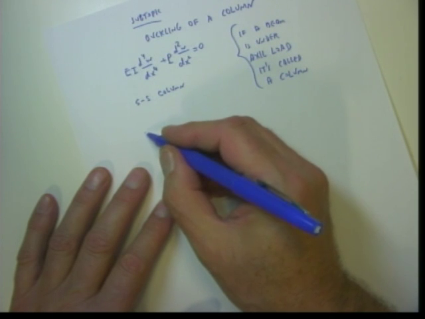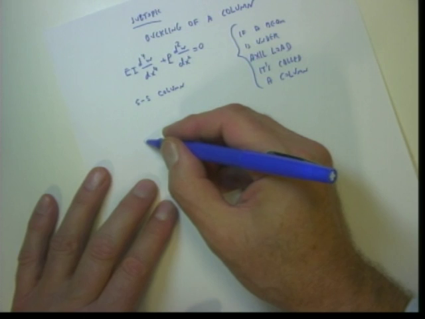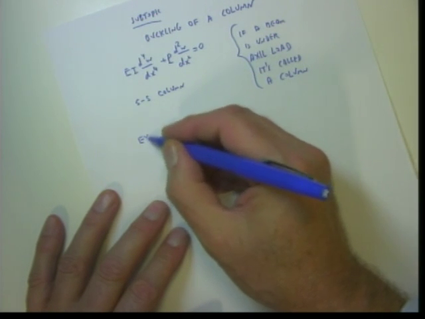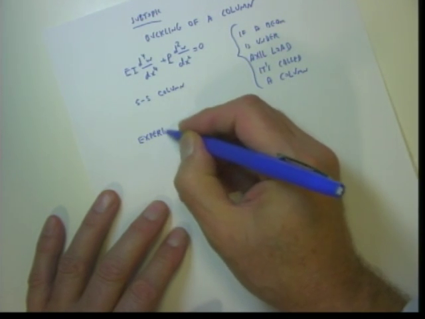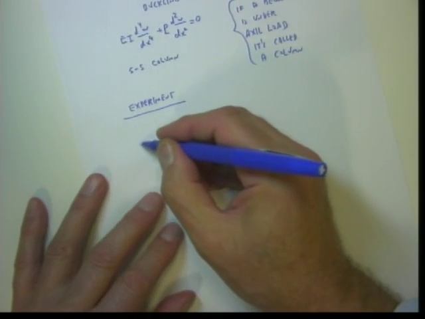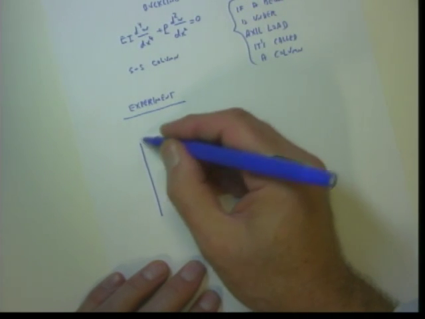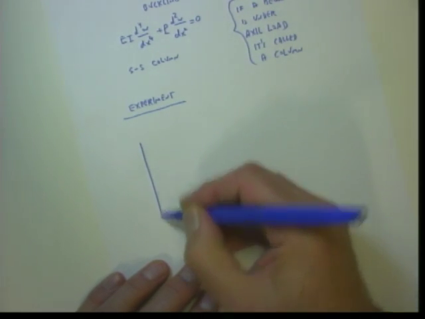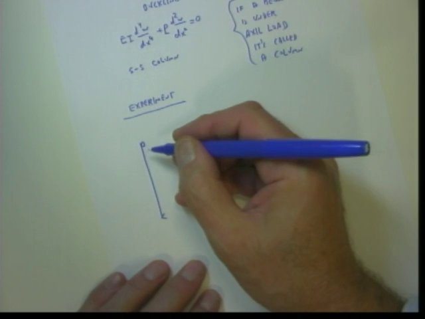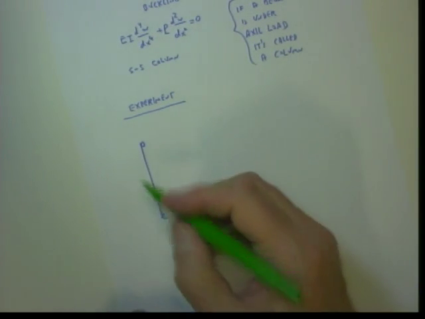Then what we do is as follows. We would like to find W. Now, we do some experiment. Look, please. I take this column. First, I don't put any load on it. And then I give some small kick.